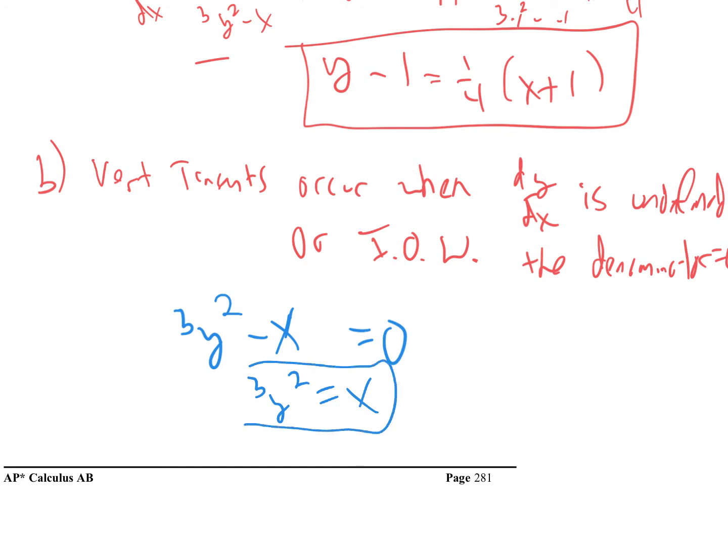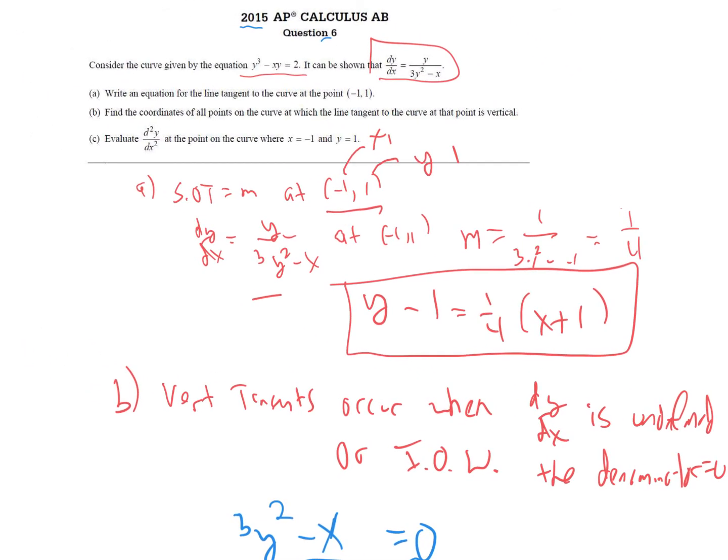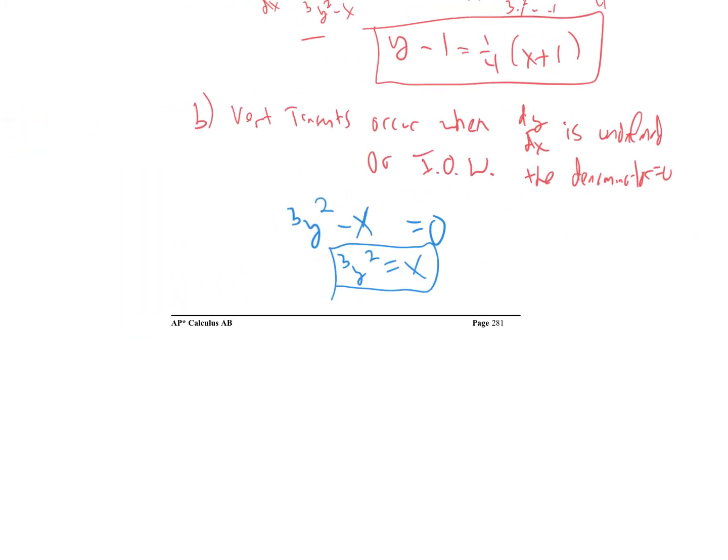So I'm going to use that in the original function to find the relationships I can solve for y. If the original function was y cubed minus xy equals 2, write that out. Y cubed minus xy is 2. And I already solved it for x, so it's going to be very easy to solve for y.